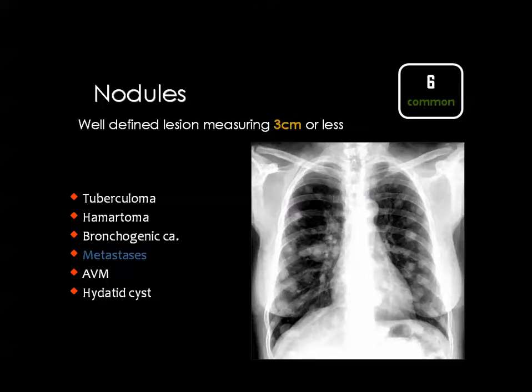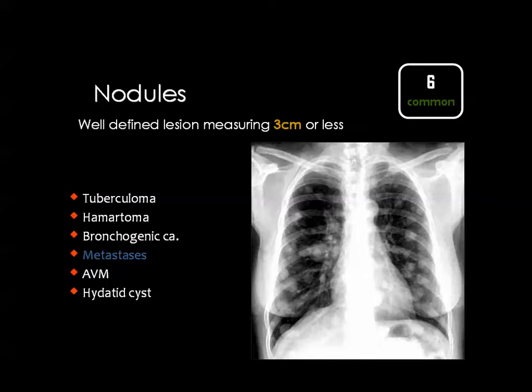If you open the books, you will see a major list of the differential diagnosis of pulmonary nodules. But actually here we would like to put our fingers on the most common nodules seen usually in the clinical practice.